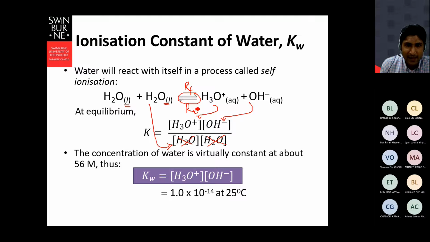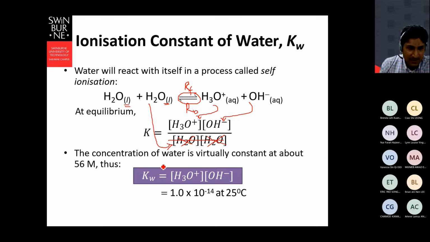We only consider gas or aqueous medium. Liquid and solid we do not consider. So water will not be considered here. So Kw turns out to be just equal to the multiplication of the concentrations of hydronium ion and hydroxyl ion.